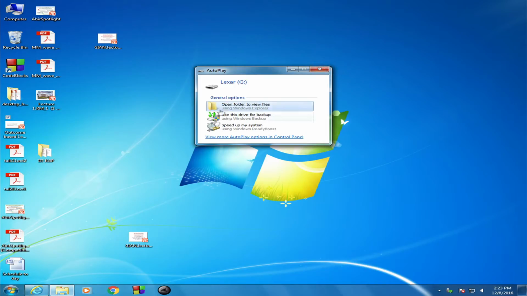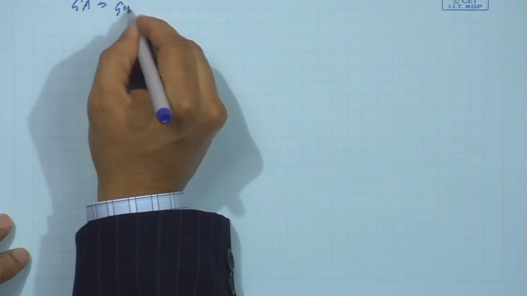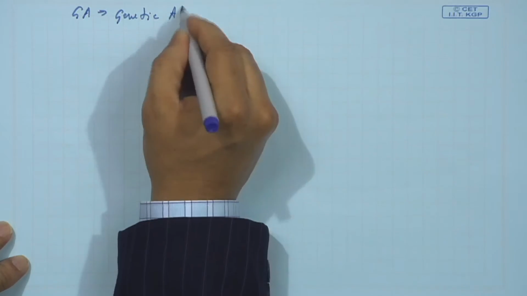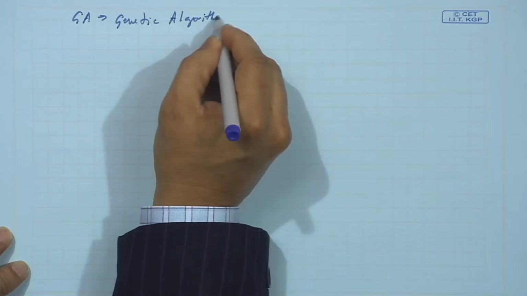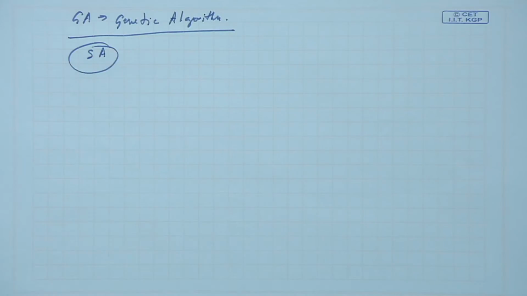Now, before I go to some other algorithms, we have discussed GA, that is genetic algorithm. Now SA, let me see if I have this.